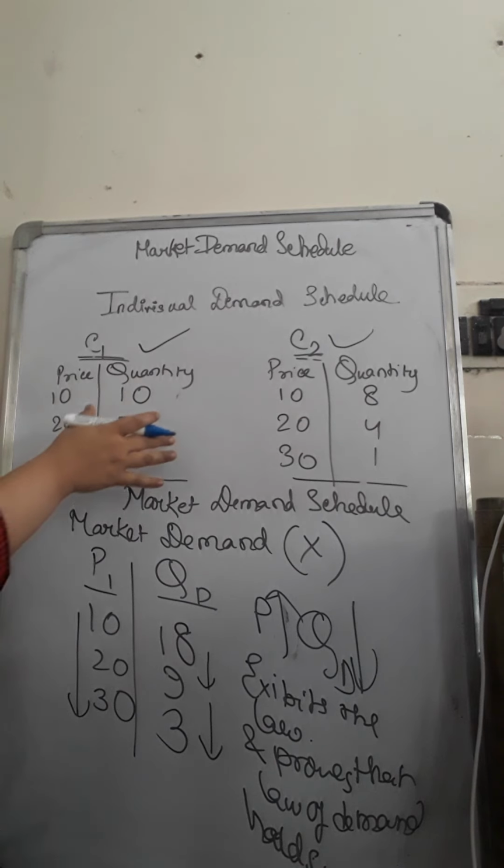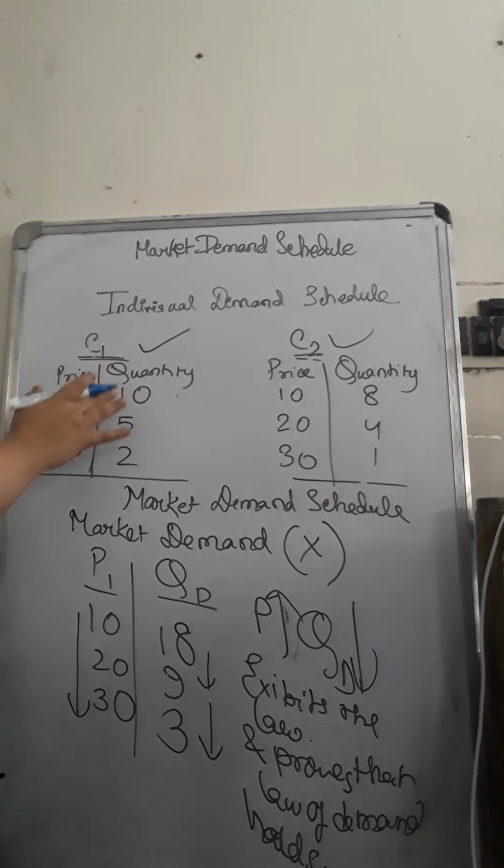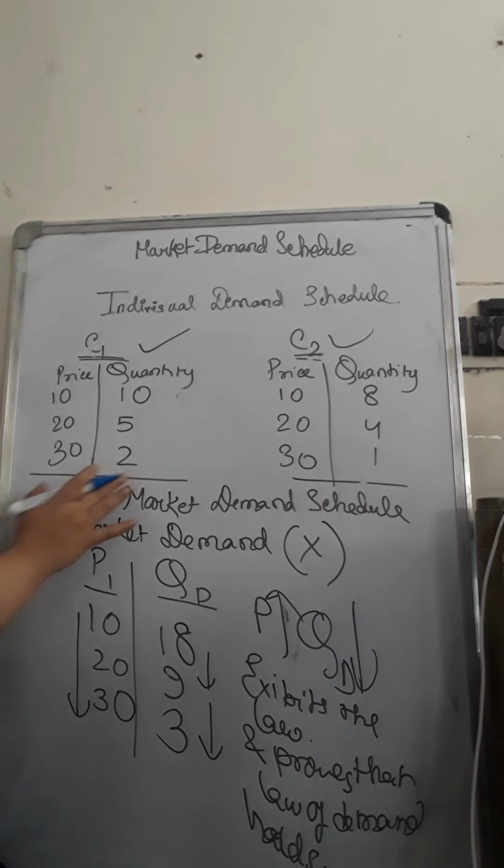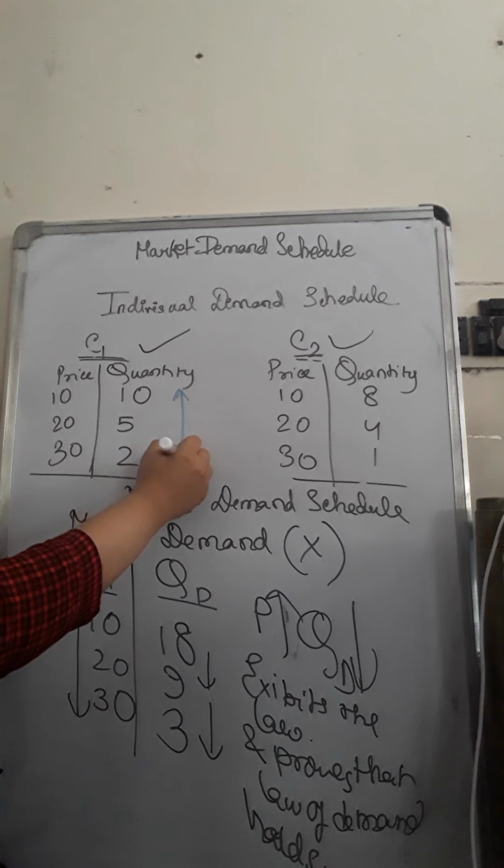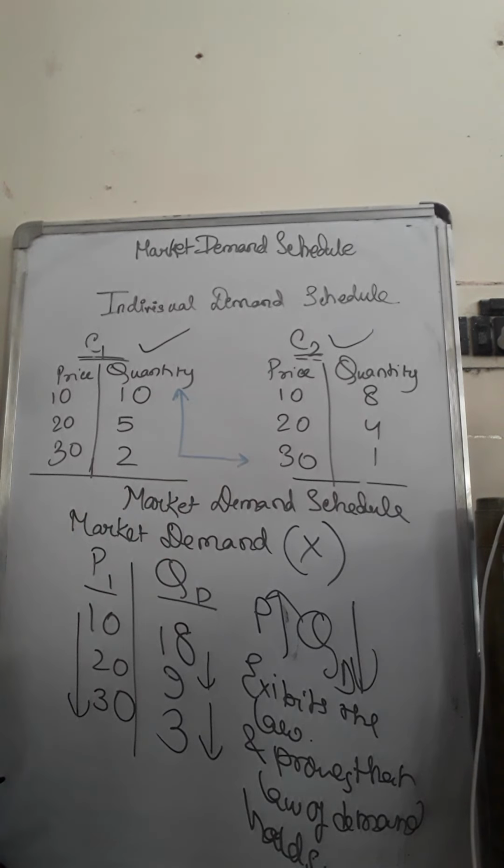So this tabular representation is known as the individual demand schedule. Now, how will this individual demand schedule help me to plot a graph? Take the two axes.